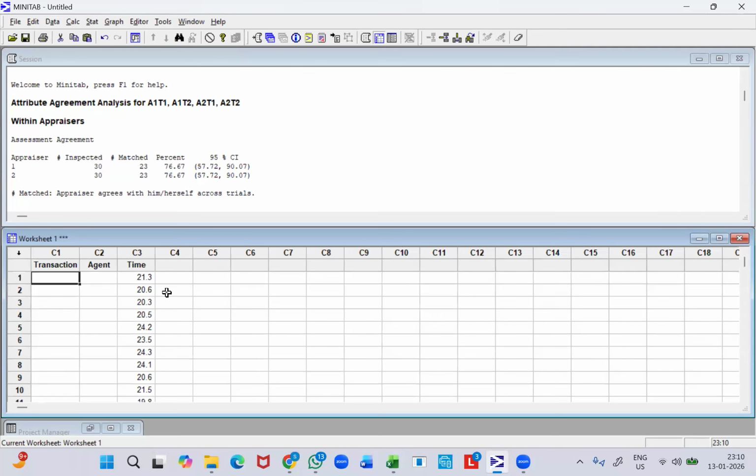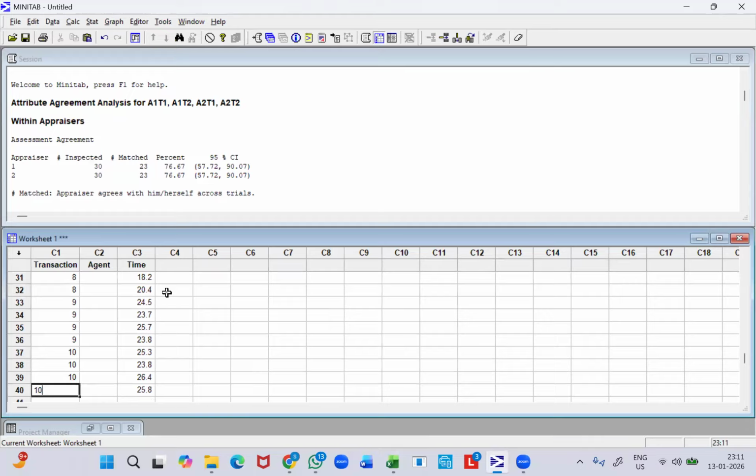So that is how we have arranged. So the first 4 measurement values pertain to transaction number 1. The next 4, transaction number 2. Then transaction number 3, transaction number 4, transaction number 5, transaction number 6, transaction number 7, transaction number 8, transaction number 9, and transaction number 10.